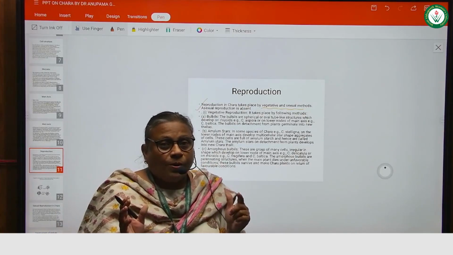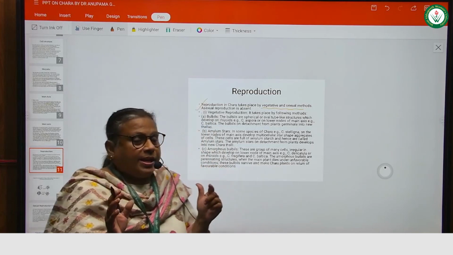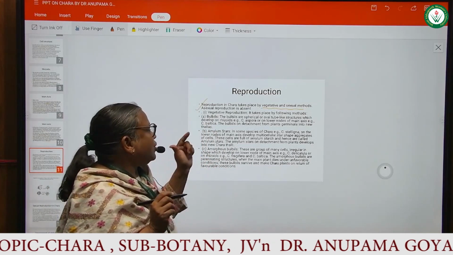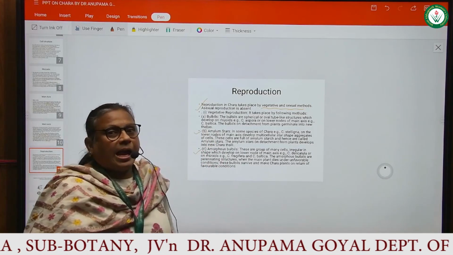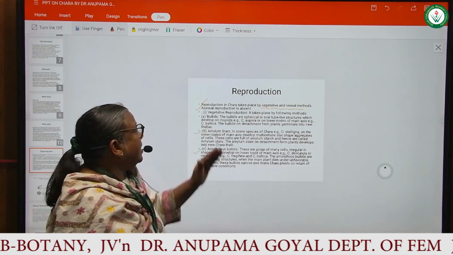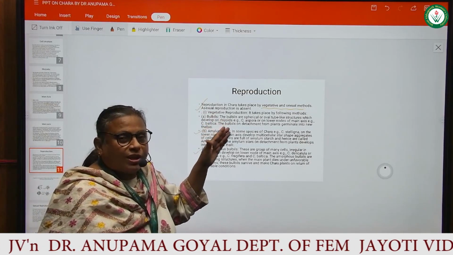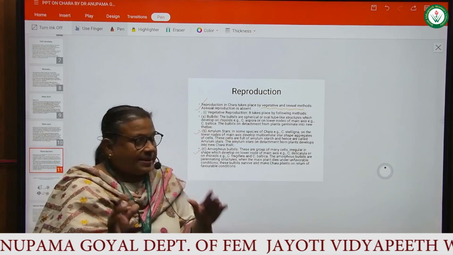How does vegetative reproduction occur in Chara? It takes place by the formation of bulbils, by the formation of amylum stars, and by the formation of amorphous bulbils.